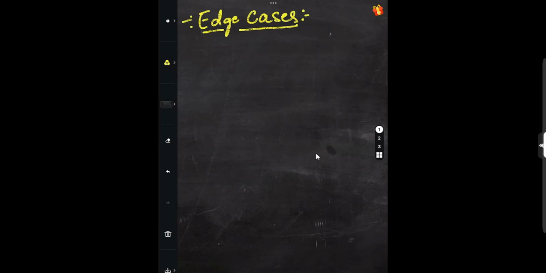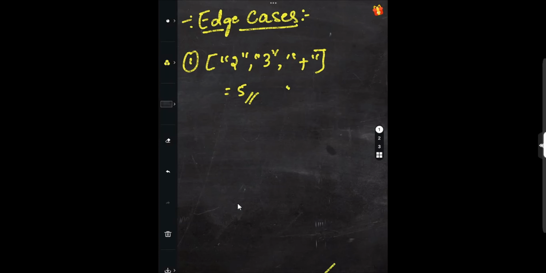So let's go with the edge cases one by one. First edge case, the simple addition. For the input, let me consider 2, 3, and the addition symbol. The output will be 5, because we are adding the last two elements in the stack, which is 2 plus 3.